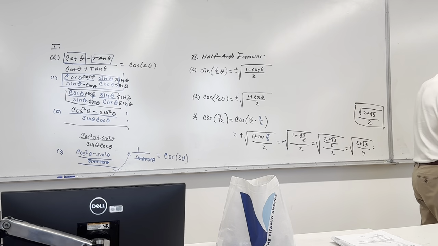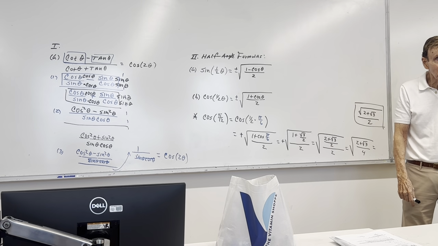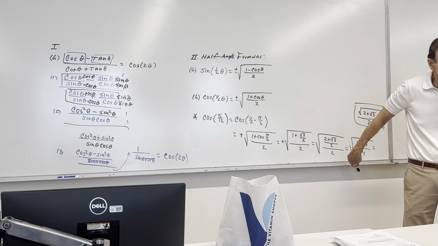Now, before I leave it, can someone in this clever class tell me, if I do not tell you which formulas to use, and all of a sudden you see staring at you on the final exam, find the cosine of 15 degrees, you're going to say, oh, I saw him doing this with a half angle formula. Take half of 30, pi over 6, and I got an answer, and that's the answer.